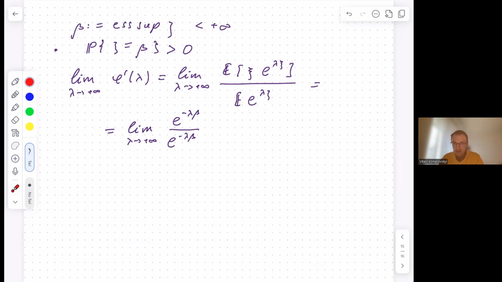And you have infinity divided by infinity, and you need to do something. Therefore, our idea is to try to remove a little bit here, just to make this exponent not go to infinity. And it is exactly what I do here. I just multiply and divide by e to the minus lambda beta, and then I move this exponent inside the expectations.